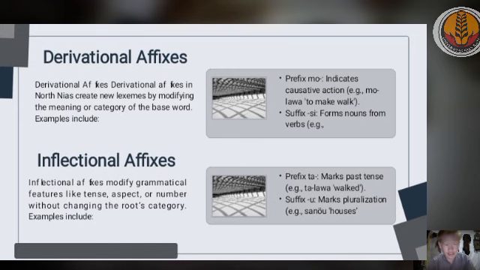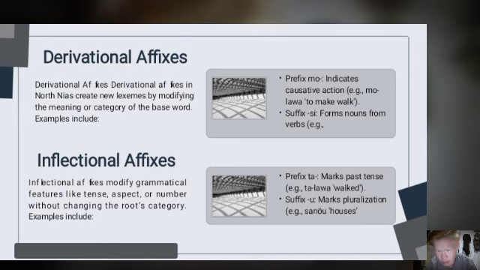Okay. Next, inflection affixes. Inflection affixes modify grammatical features like tense, aspect, or number without changing the root category. For example, the prefix ta-: if we add the base word lawa, it becomes talawa, and if we add the root word fakai, it becomes tafakai.